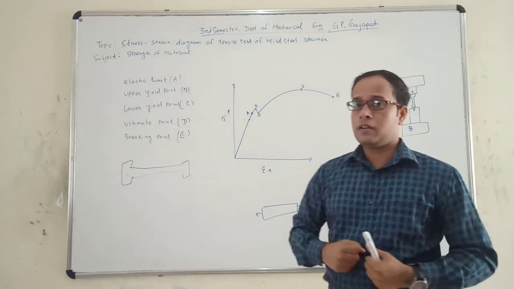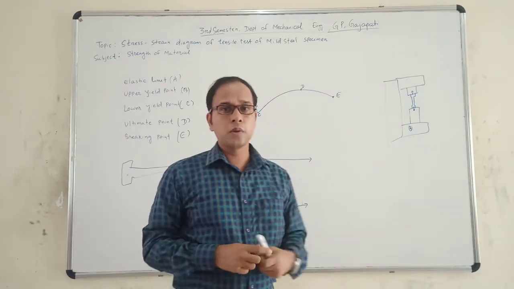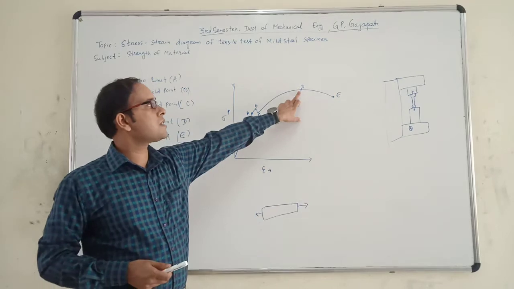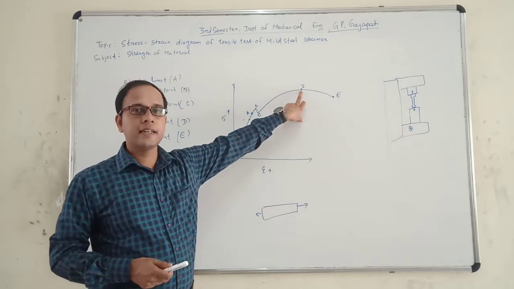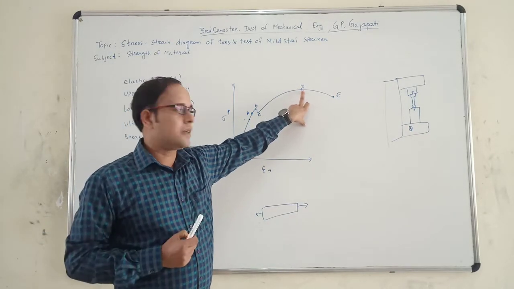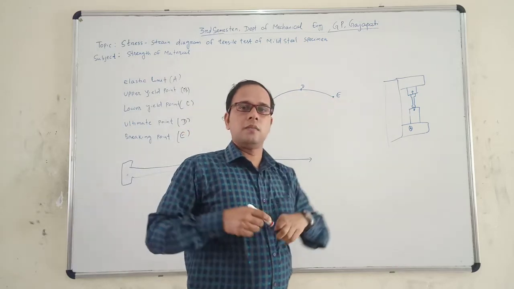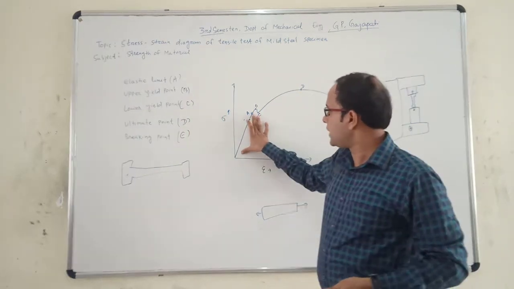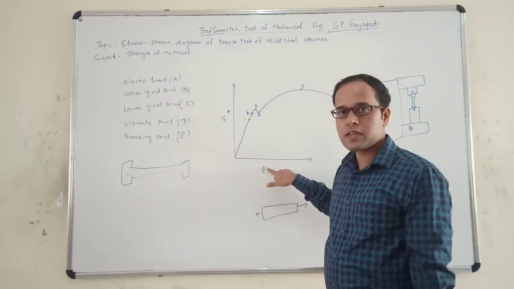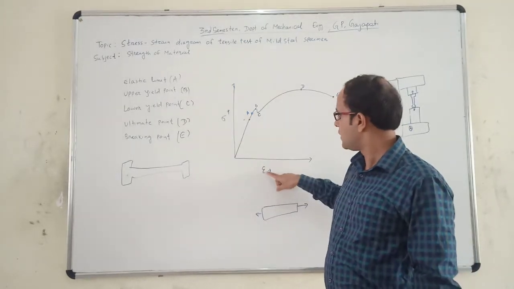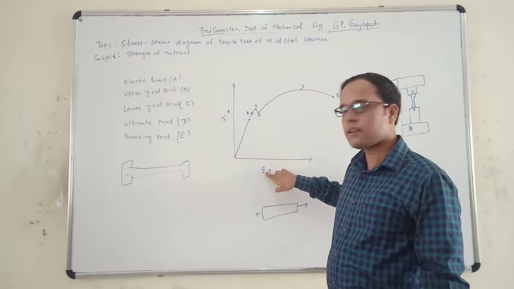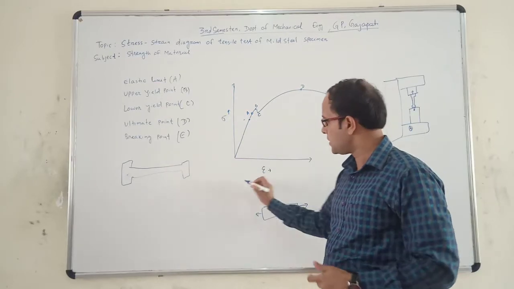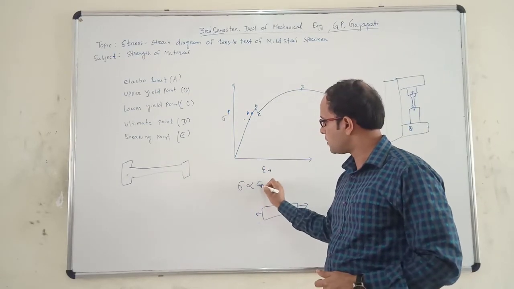Then if you add some more force, an ultimate stress will develop, that is at point D. Then after some time, the breaking point will occur and the body will break. Up to point A, stress is directly proportional to strain. If stress increases, strain will vary linearly.